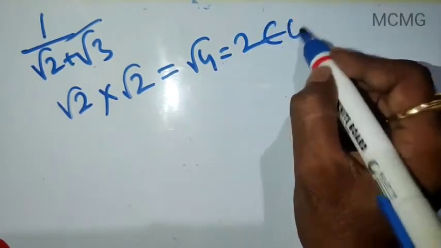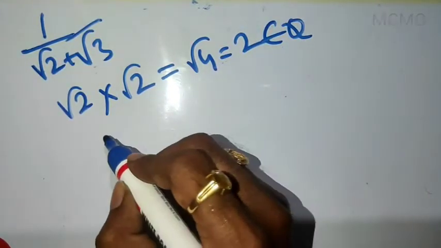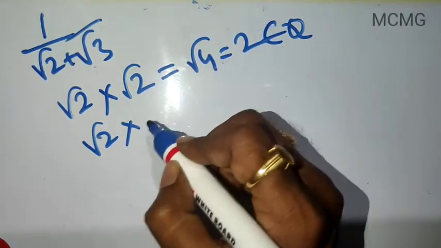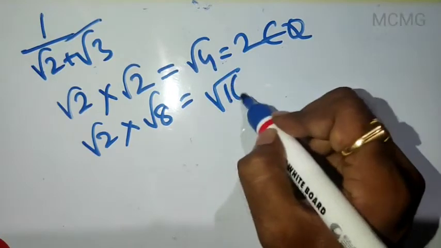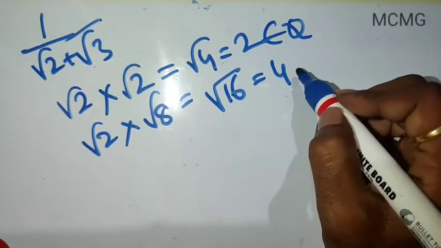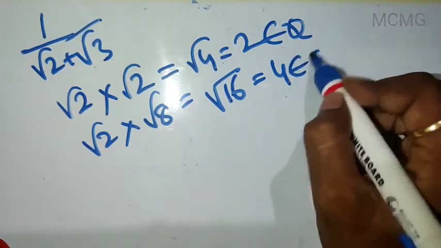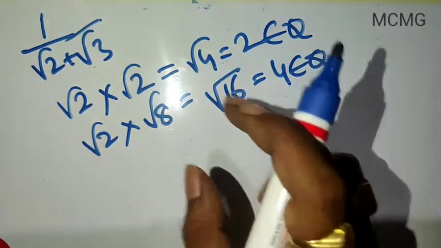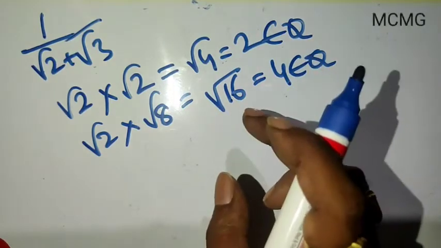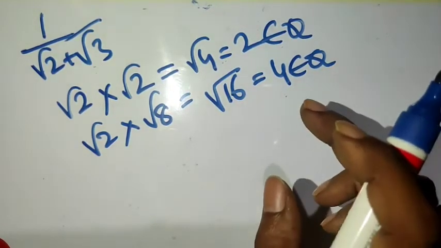Is it a rational number or not? Yes. For example, if you multiply root 2 by root 8, we get root 16. The square root of 16 value is 4. It is also a rational number. Like this is the basic principle involved in the rationalization of surds.